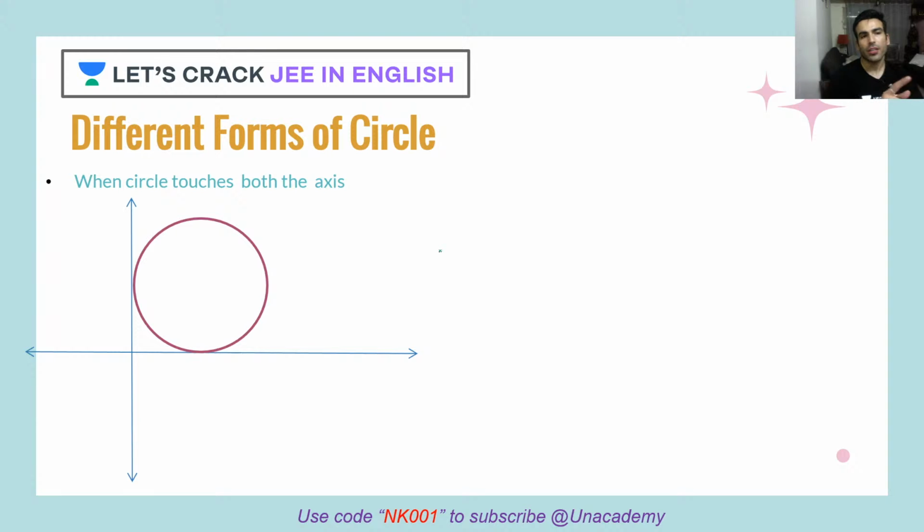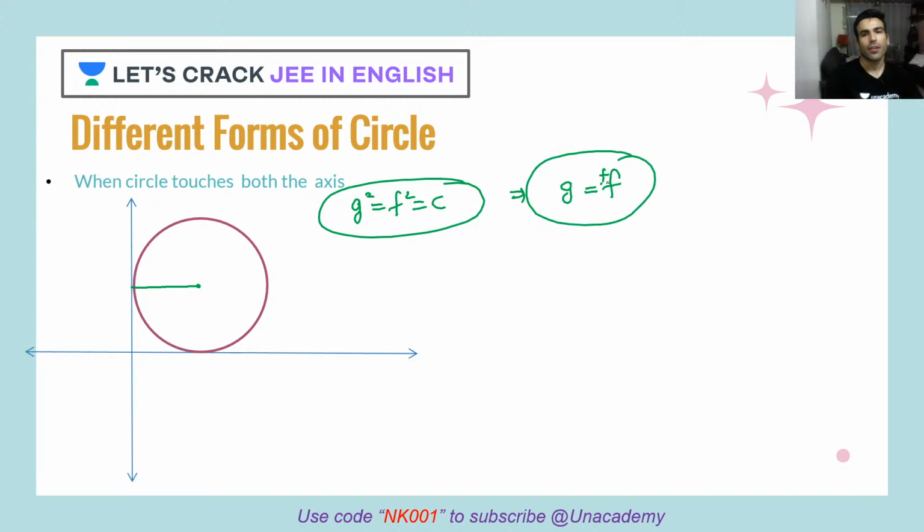When a circle touches both the axes, very good information. When it touches both the axes, I can say my g square is equal to f square, and it is equal to c, because both the intercepts are 0. So that clearly means my g is always equal to plus or minus f.